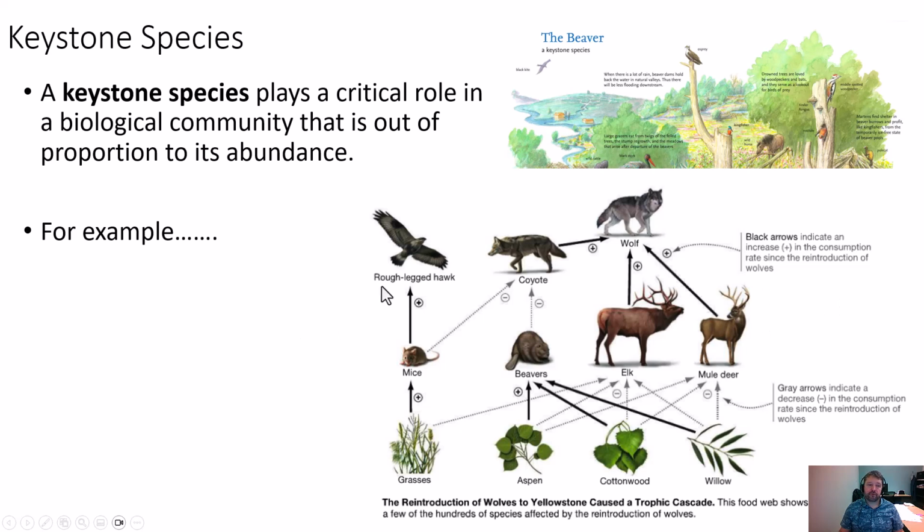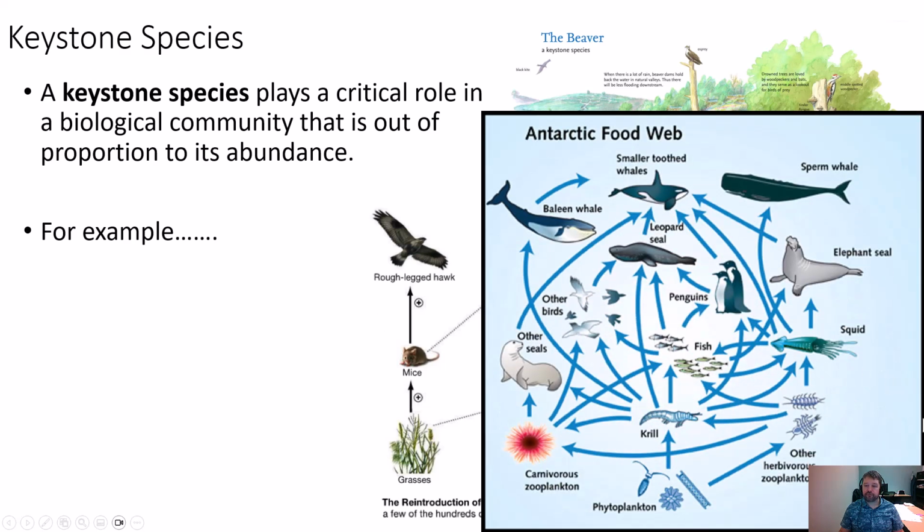Okay? And let's look at another example of a food resource that really drives a lot of food webs. Okay? And so the Antarctic food web is directly related to krill. Okay? And this is a scary one.